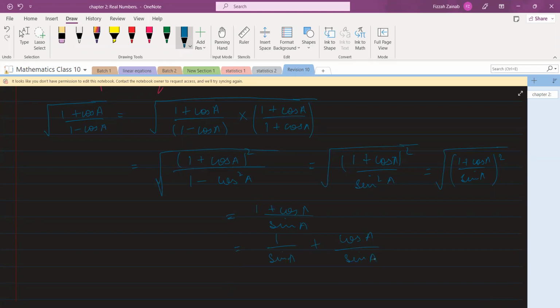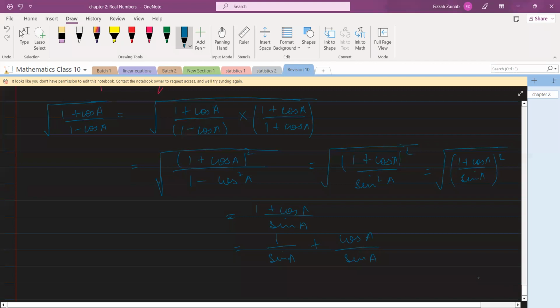The denominator can be split like this because after you take LCM, it will become the same thing, right? Now, what is 1 upon sine A? Cosec A plus cos A by sine A is cot A. So this is your RHS.